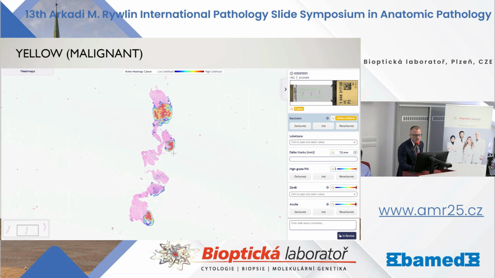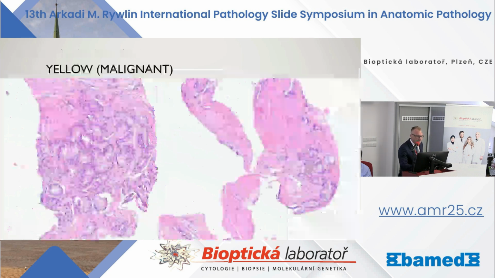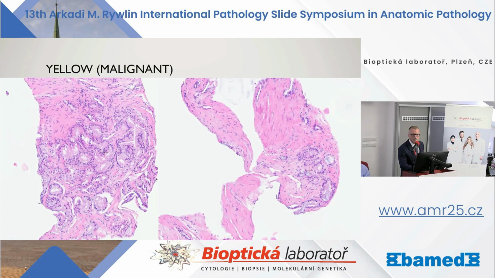Then the 50-50 yellow tier. You get these, let's say, maps. It could be large or small foci. The more red, the more sure it's carcinoma. And again, it could be malignant, it could be benign. It's up to the pathologist. In this case, it's a nice 3+3 carcinoma. You can get it without any immunohistochemistry.